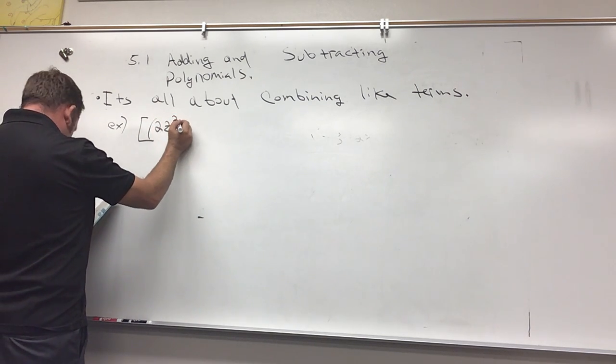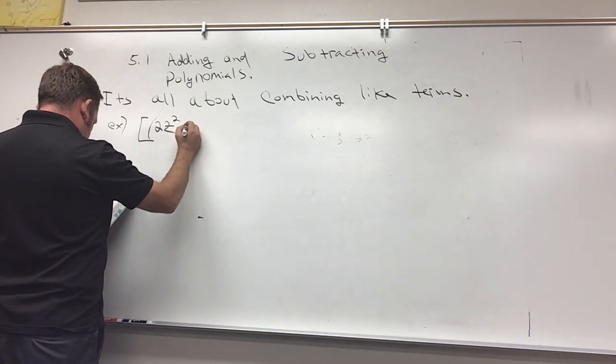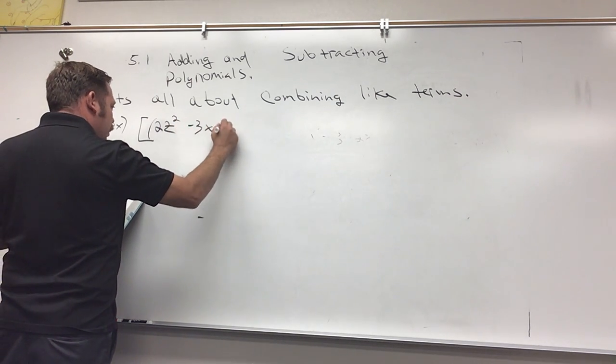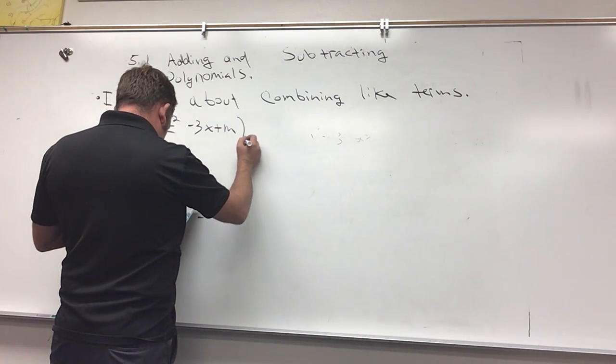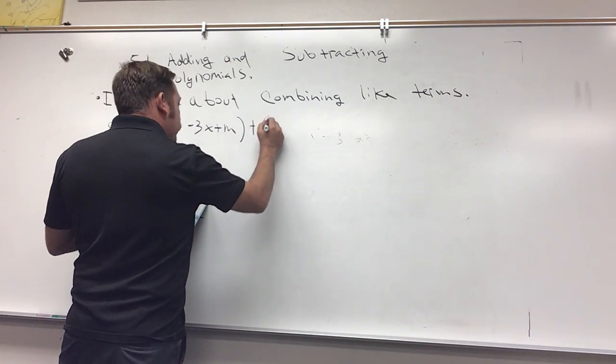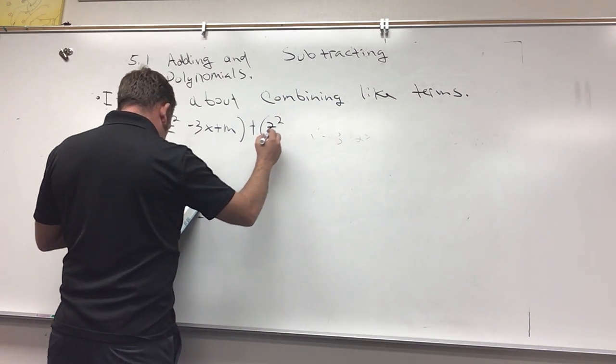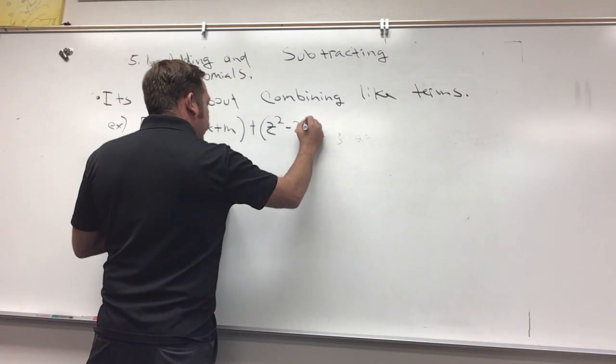2z squared minus 3x plus m plus z squared minus 2m.